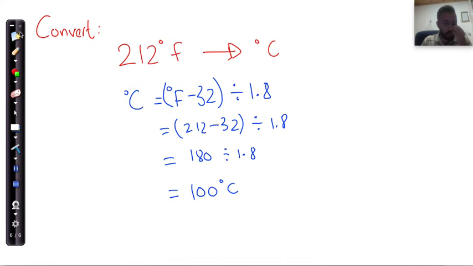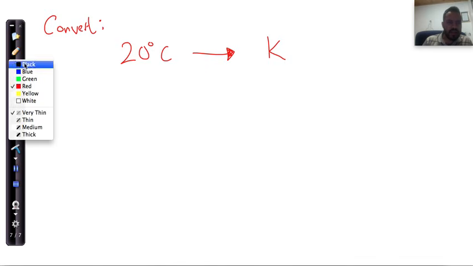Okay, let's look at example number 3 now. Okay, 20 degrees Celsius to Kelvin, and this is an easy one. We want to convert that to Kelvin, capital K, and we write down a formula for Kelvin.